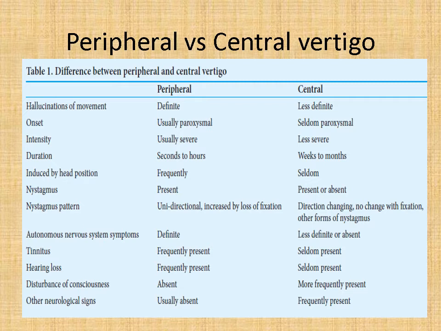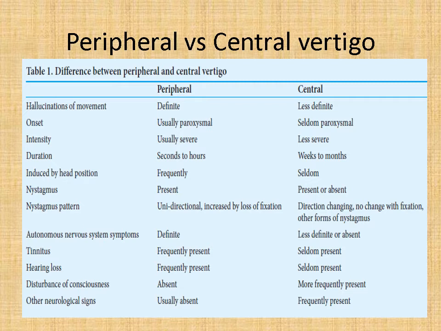Visual fixation means I ask the patient to fixate his vision on a target. This does not cause any change to central vertigo. Also, autonomic nervous system symptoms like nausea and vomiting are more evident and more pronounced with peripheral than with central vertigo.